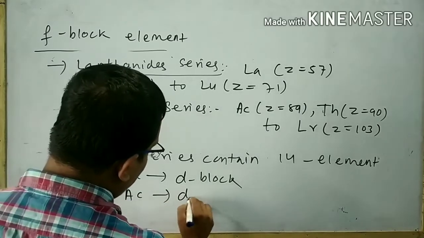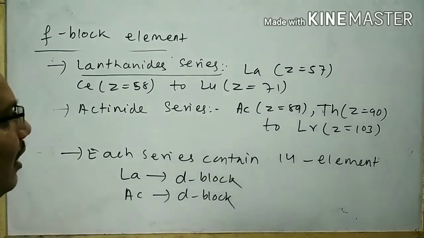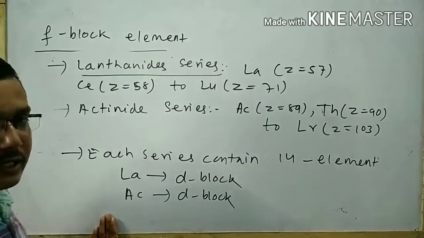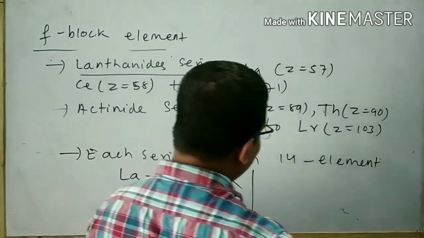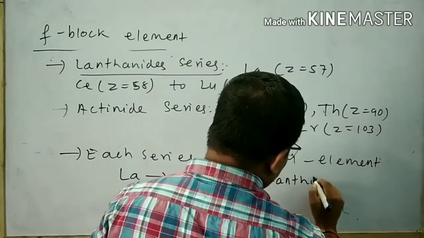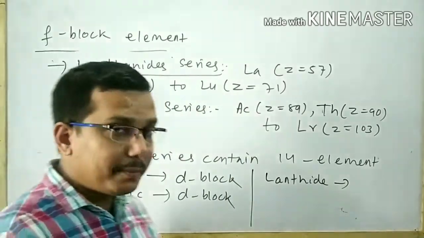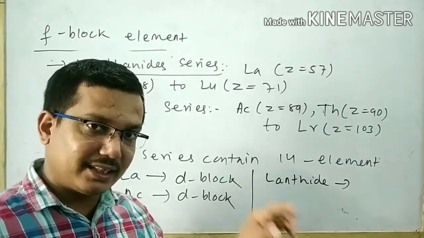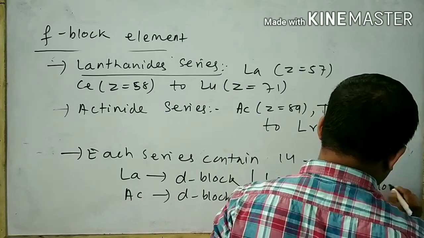Then your answer is D block. We don't count these two elements in the F block list, but they obey all the characteristic properties of F block elements. Suppose the question asks, lanthanide belongs to which block? Lanthanide means the lanthanide series, and lanthanide series elements are present in the F block. So we can write F block.